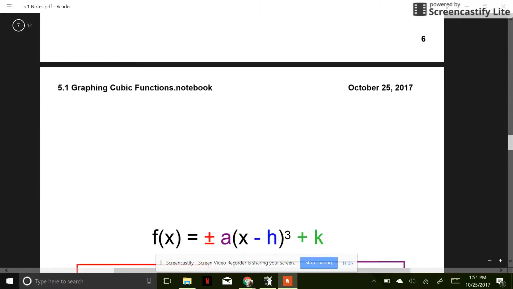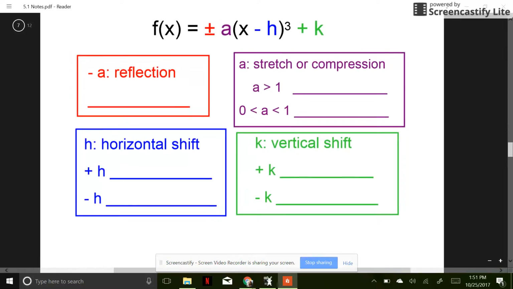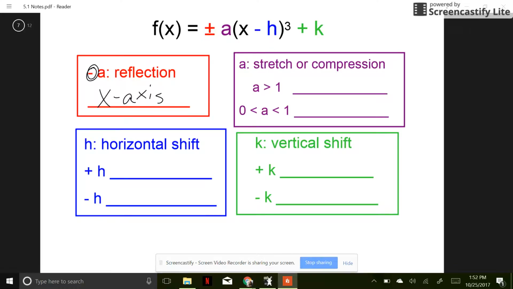So thinking back to what effect these values have on our graph, how it reacts. If we multiply our quantity by a negative number, it's going to reflect across the x-axis. That's when our graph flipped. It reflected across the x-axis when we multiply by the negative.